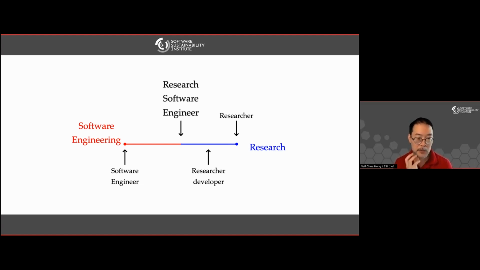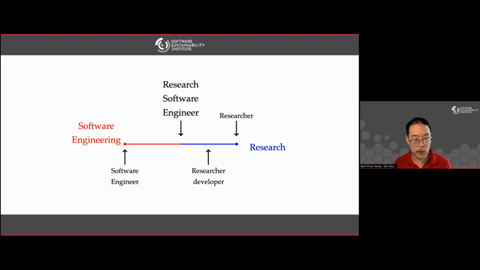So here is how he was describing the research software engineer when we were trying to get recognition for this around about 2014. There was this idea that there was a continuum that went between doing software engineering and doing research, where you had some researchers who were also developing software, but who wouldn't call themselves a software engineer.